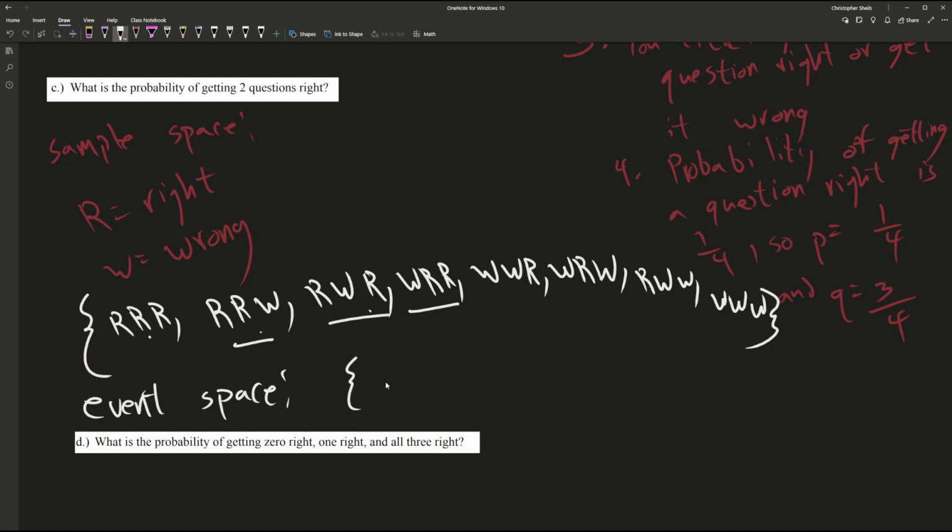Our event space here is RRW, RWR, WRR. We previously would have taken the number of things in our event space and divided it by the number of things in our sample space. But this does not give us the correct answer in this case because the probability of getting an answer right is different from the probability of getting an answer wrong in this case.